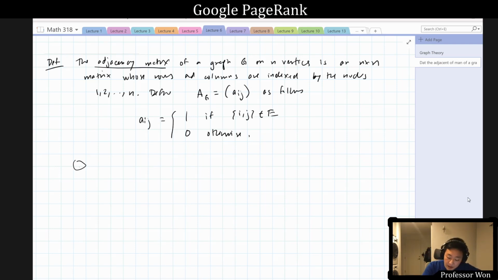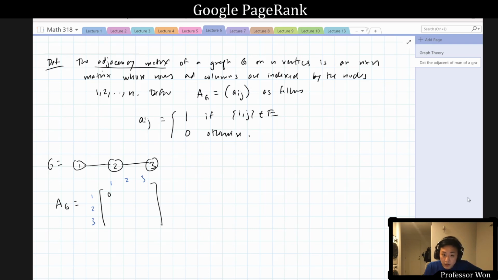So here was our graph. If this is our graph G, then the adjacency matrix is a 3 by 3 matrix, right? So you think of this as being indexed by 1, 2, 3, and this being indexed as 1, 2, 3. And then you just put a 1 if there's an edge from that row to that column. So there's no edge from 1 to 1.